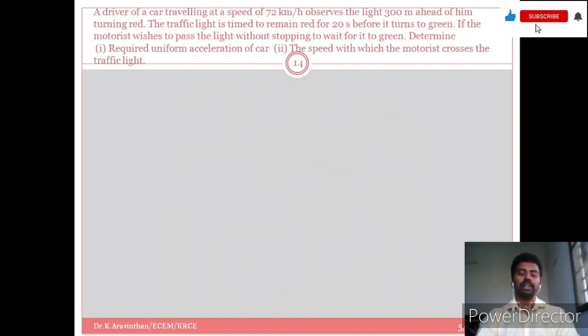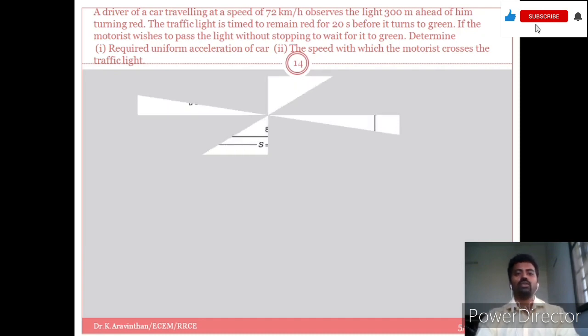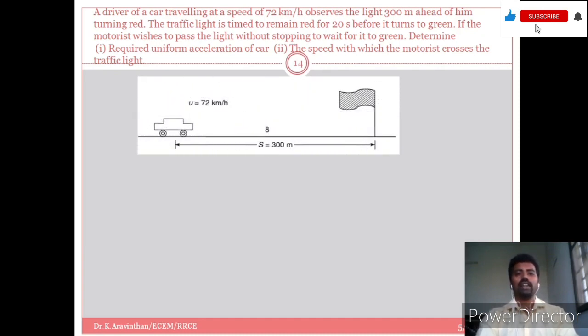Let us have a third example. Right now a car is traveling at a speed of 72 km per hour. You have to note that in the previous problem we discussed only velocity.